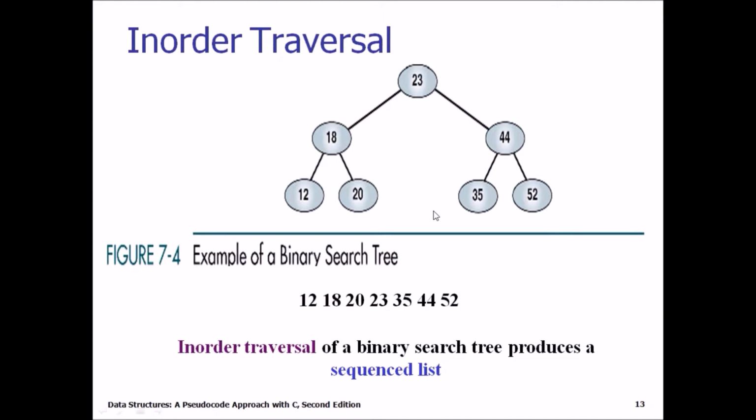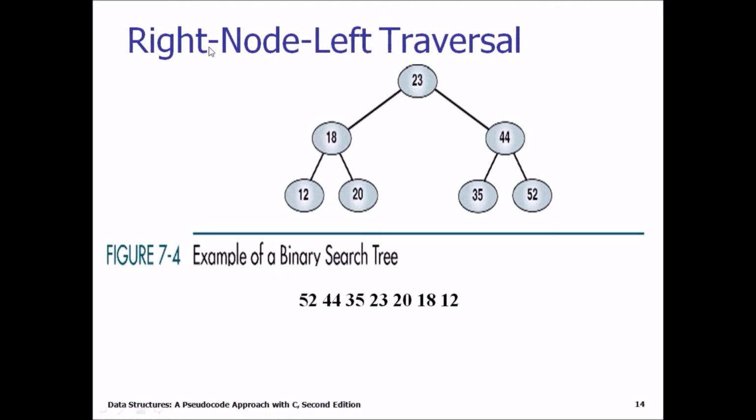Now right node left traversal. So 52, then 44, then 35, then we go to 23, then again we come to the right node, 20, then 18, then 12. If we take this as one node, this as one node, we will go from here: first the right node, then the center node, then the left node, but in this we have to follow the same rule.